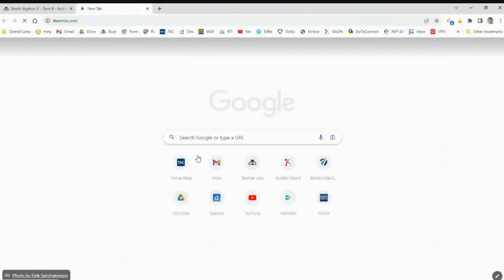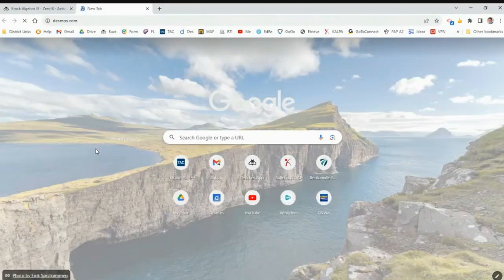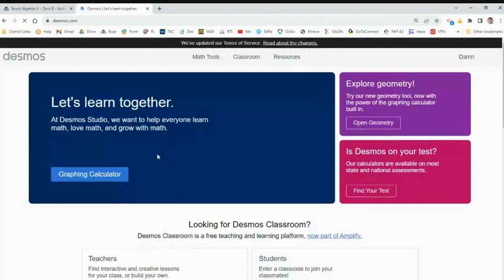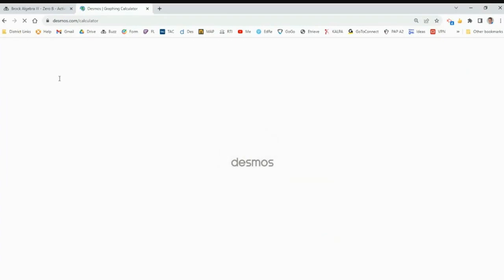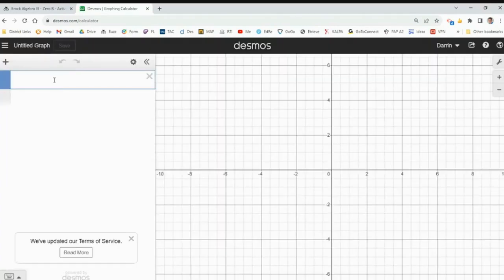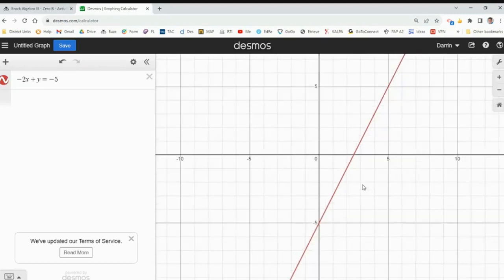We're going to go to Desmos. We're going to graph both of those just to verify for ourselves whether or not. Graphing calculator. Graph. So -2x plus y equals -5. That was the first line we had right there.